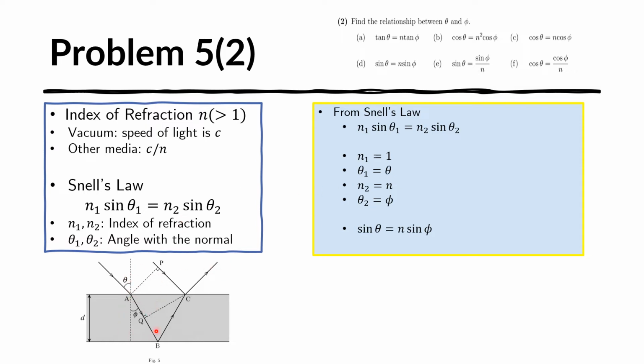For the second medium, the index of refraction is n, as stated in the problem, and the angle of refraction is phi, and so theta 2 is phi. If we replace these values here, we obtain this expression.